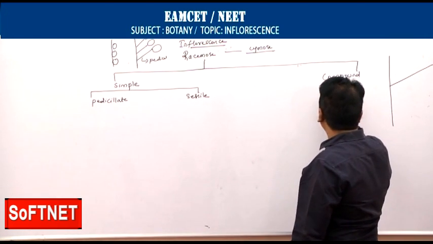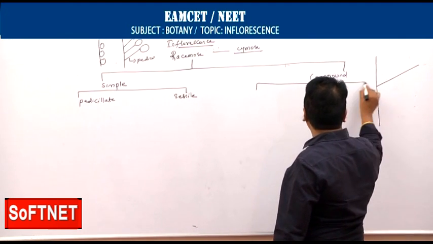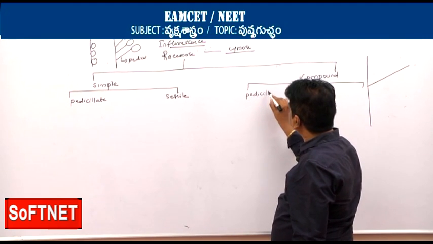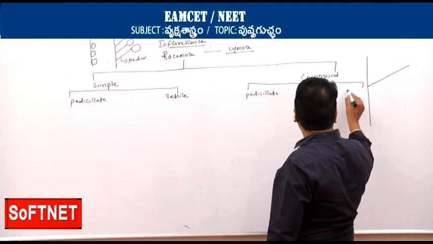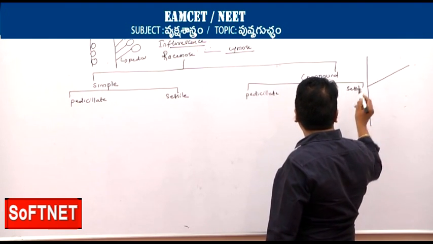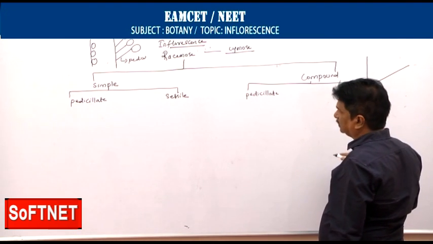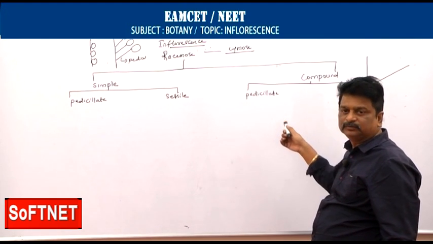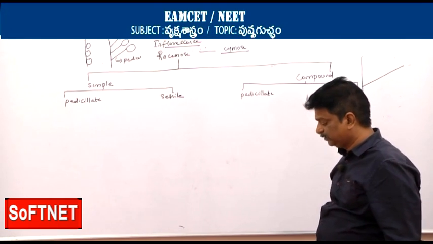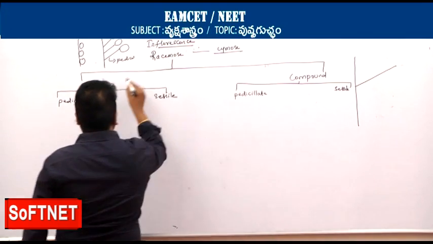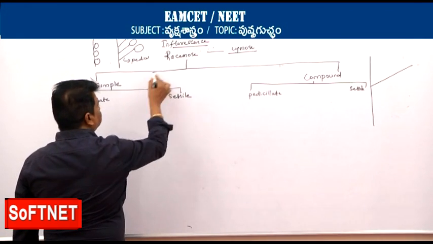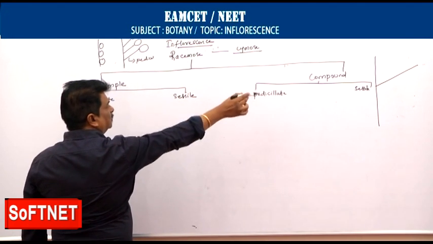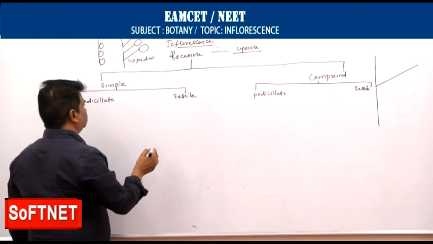In the same way, compound is also divided into two types: one is pedicellate and the second one is sessile. So total racemose inflorescence is divided into four types: racemose simple pedicellate, racemose simple sessile, racemose compound pedicellate, racemose compound sessile.